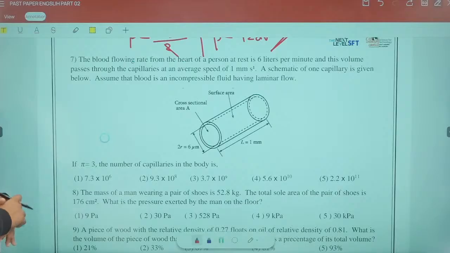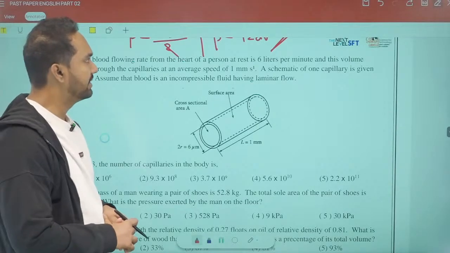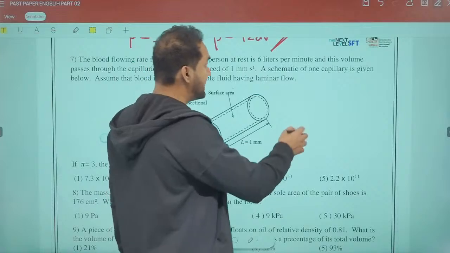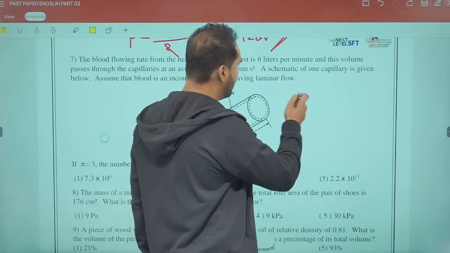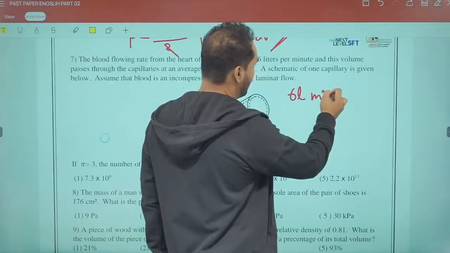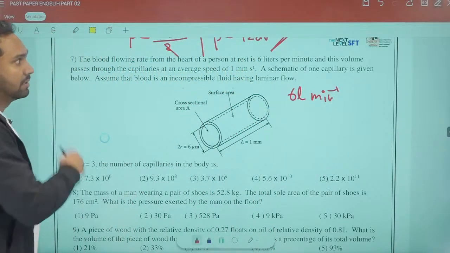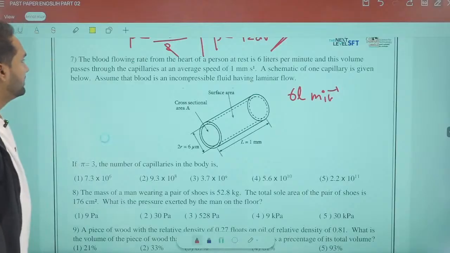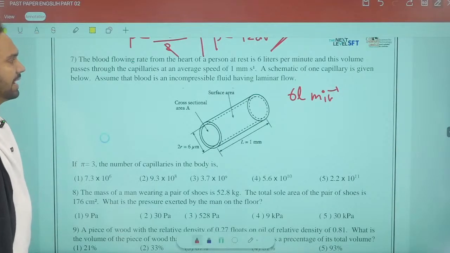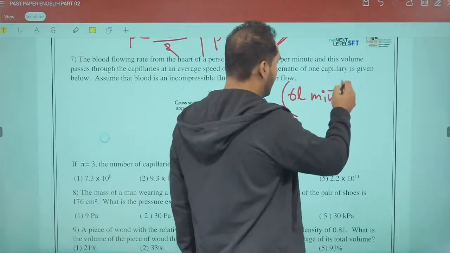It's a good question as well, right? The blood flowing rate from the heart of a person at rest is 6 liters per minute. So by the heart, 6 liters per minute is released, right?